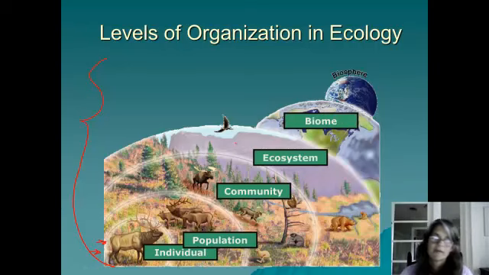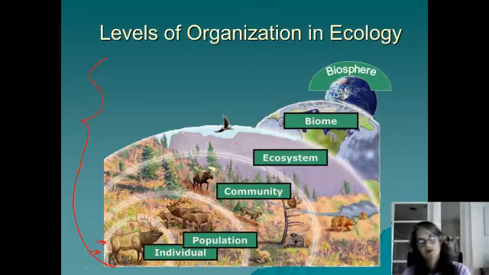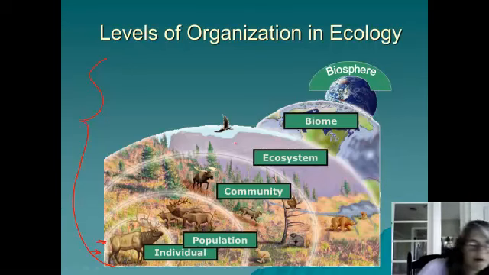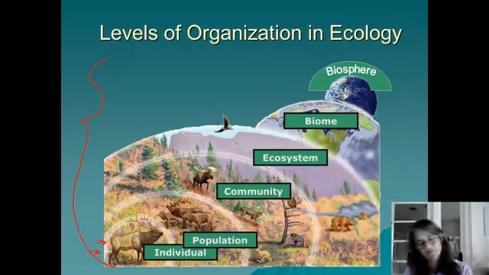And then if you're talking about a very broad area of ecosystems that are generally similar, they share the same climate, same general types of organisms, you're talking about a biome, for example, tundra, taiga, temperate deciduous forest where we live, and things of that nature. And then, of course, the biggest, broadest level of organization is the biosphere itself.